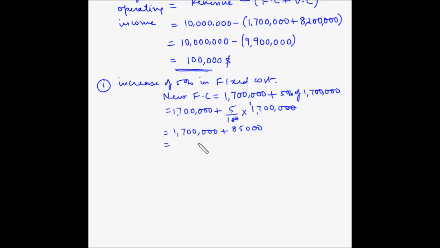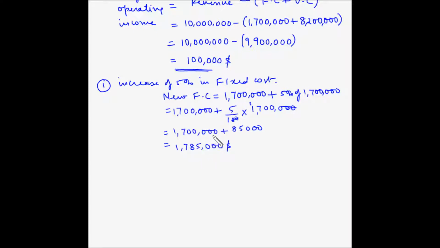So this is equal to 1,785,000. So basically the fixed cost is increasing from $1.7 million to $1.785 million.